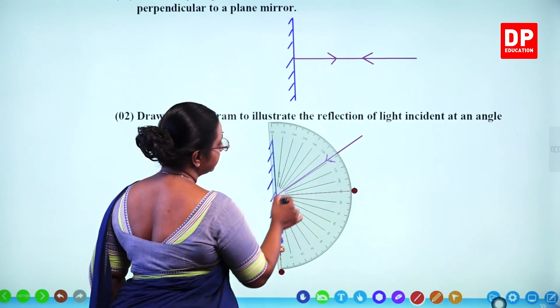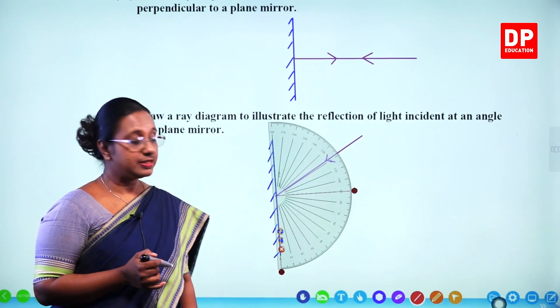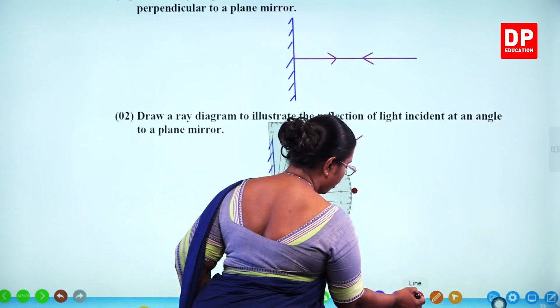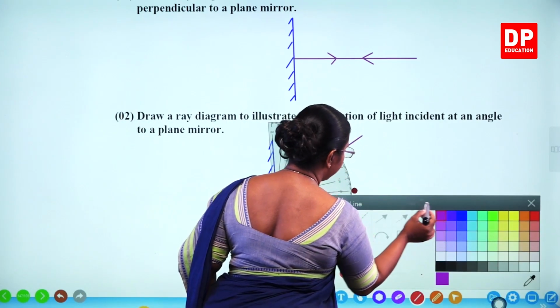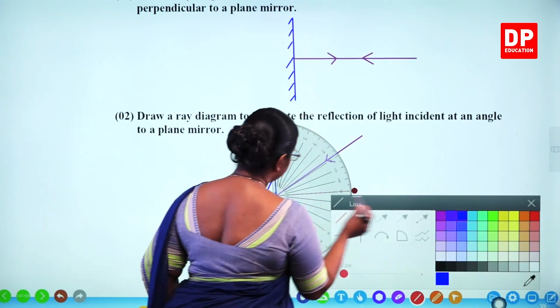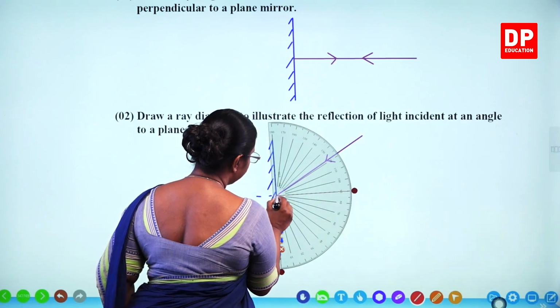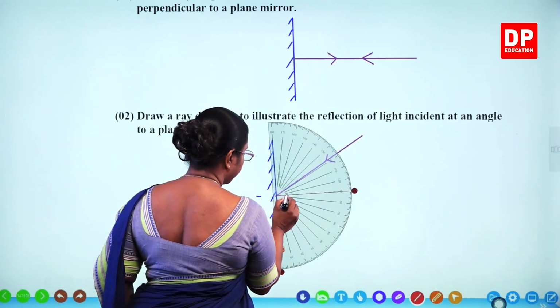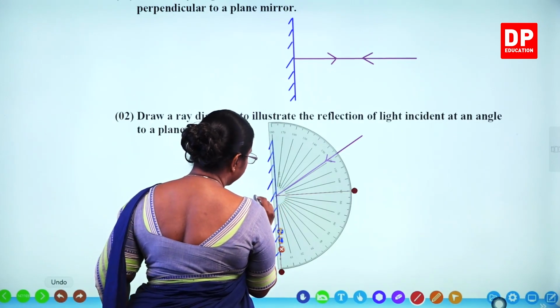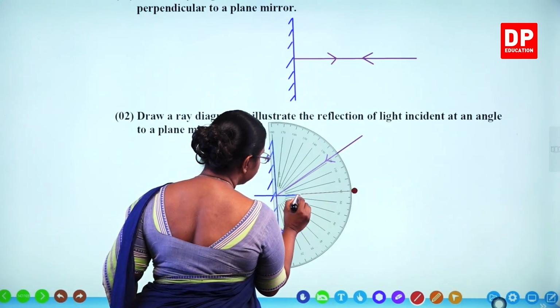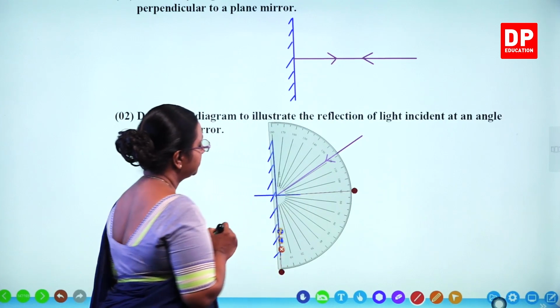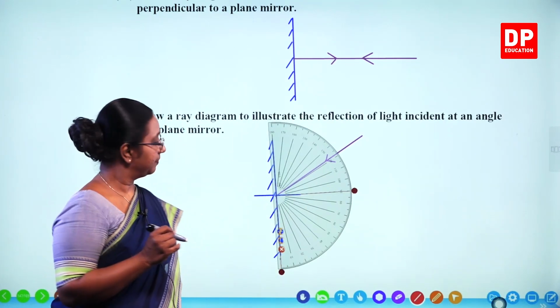So here this is the incident ray. I need to draw the normal line. So the normal line will be through this, at the point of incidence. This is going to be the normal line.